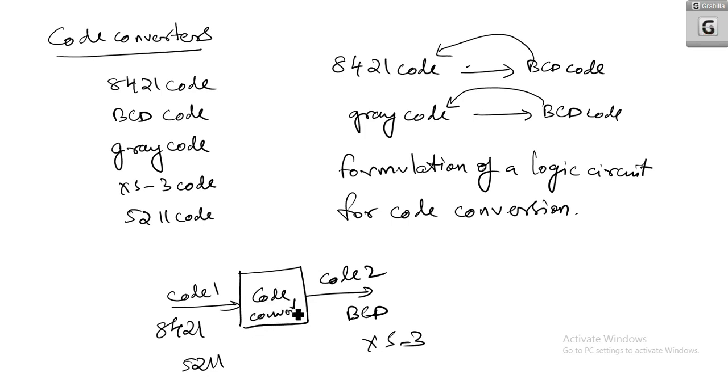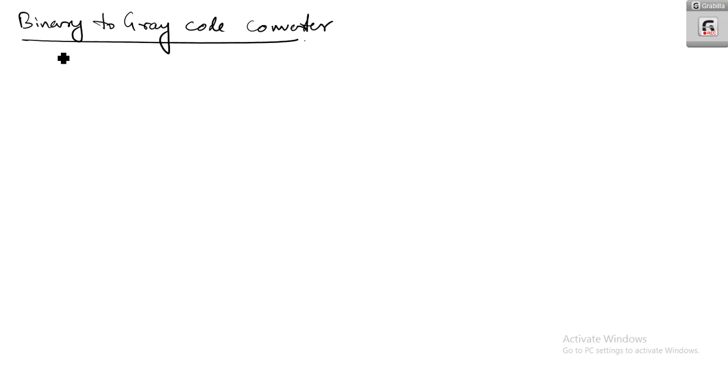Now coming into an example, here I am going to explain about the binary to gray code converter. So obviously you are having a binary input.